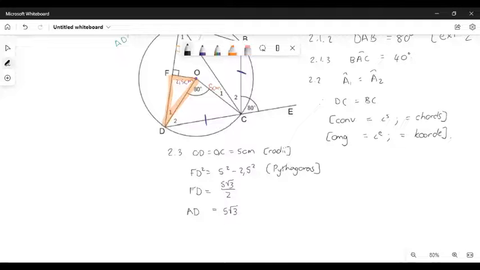Right? So what do we have with this one? We know that the line is from the center of the circle and we know that it is perpendicular to the chord. So that's going to be your reason. Lyn uit middelpunt loodreg op koord.